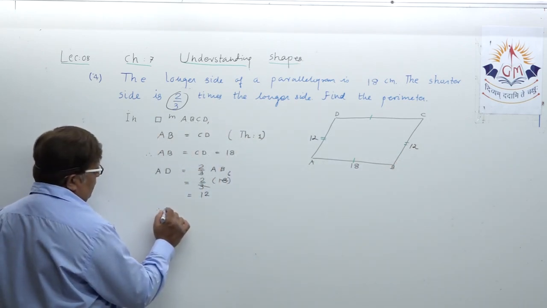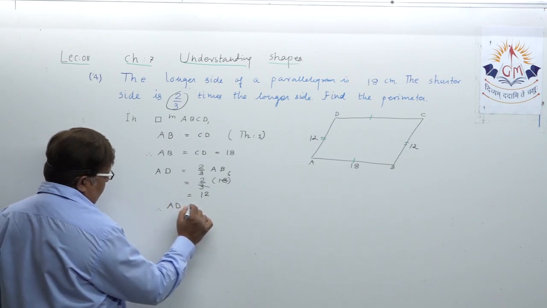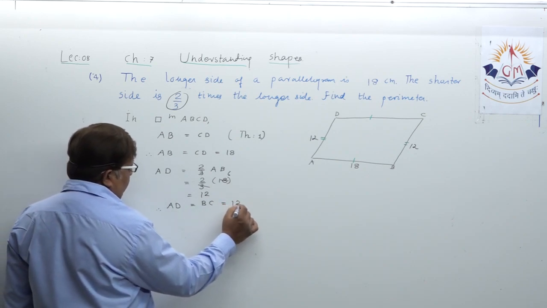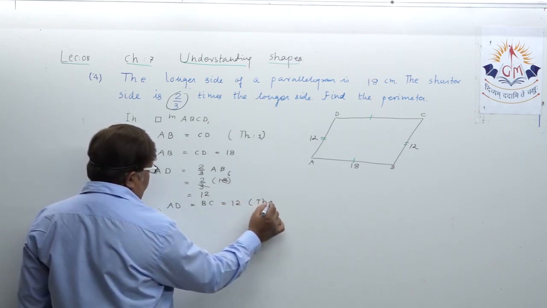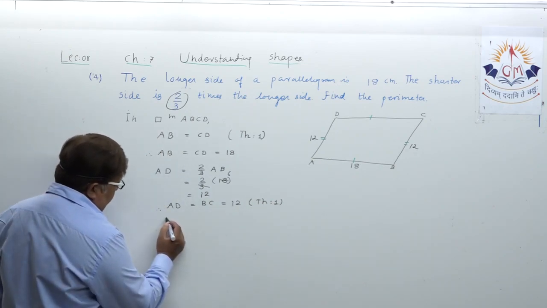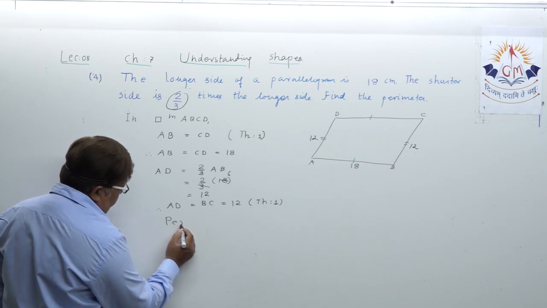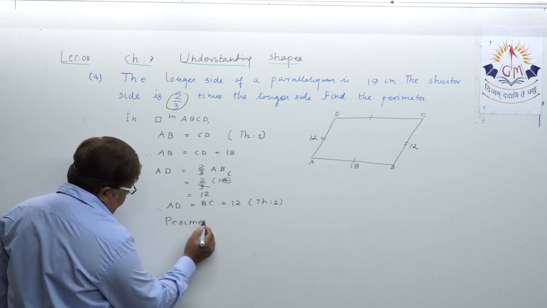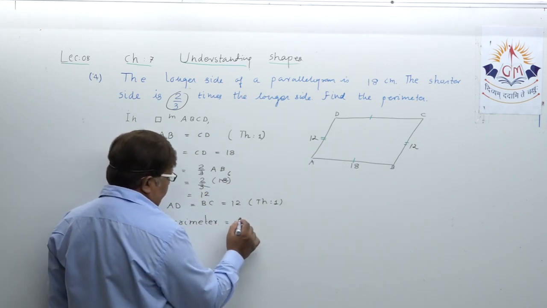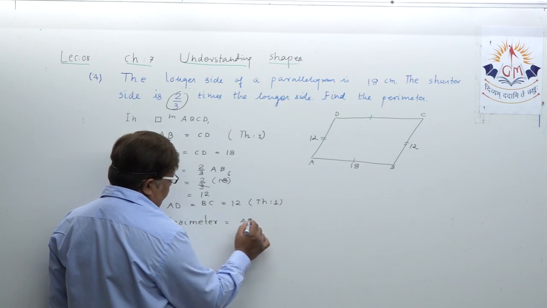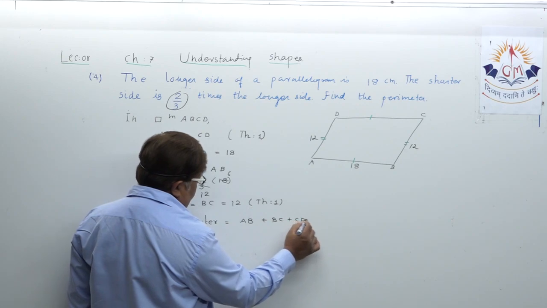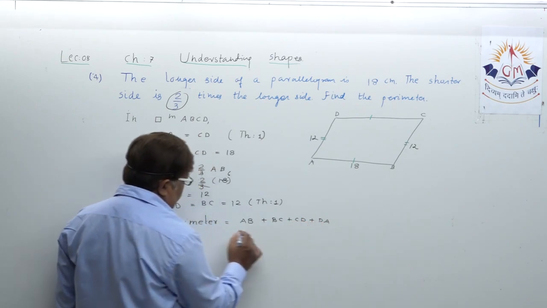Therefore, AD equal to BC equal to 12. Again, dear student, the reference theorem 1, and then, as you know, perimeter equal to, let us take the addition of all sides, AB plus BC plus CD plus DA.